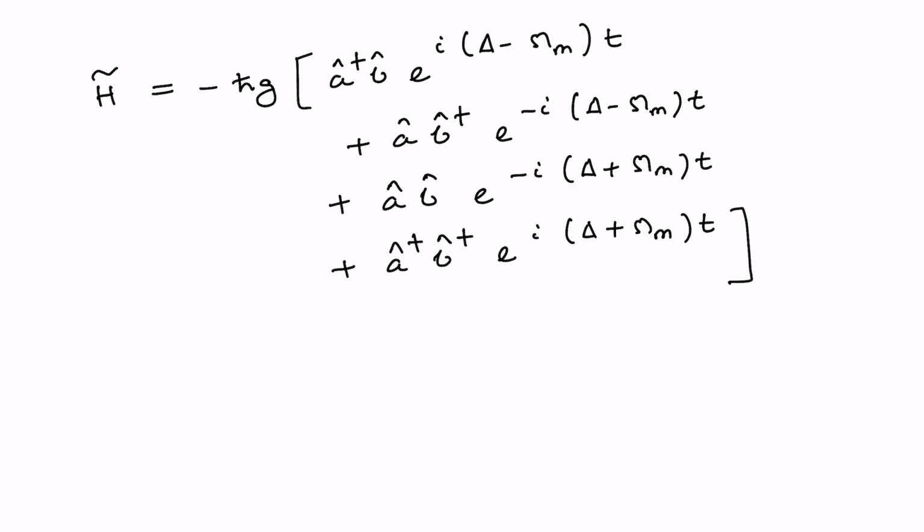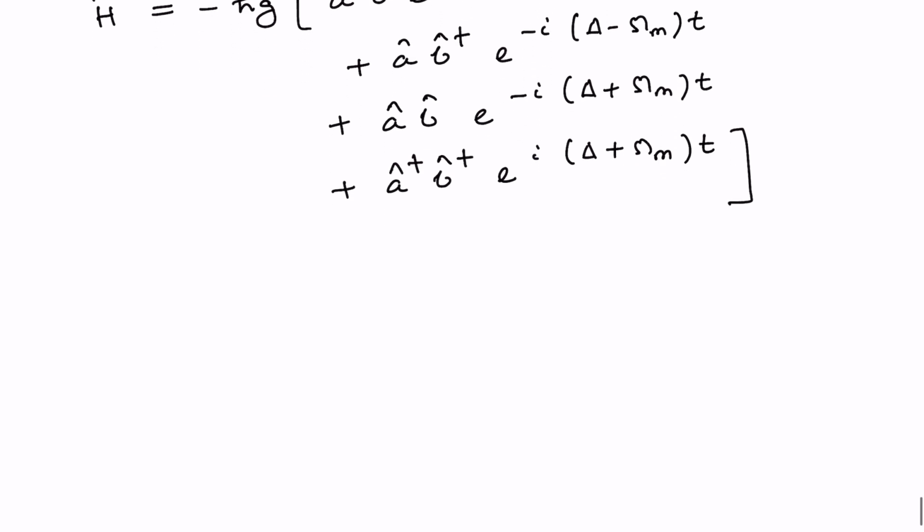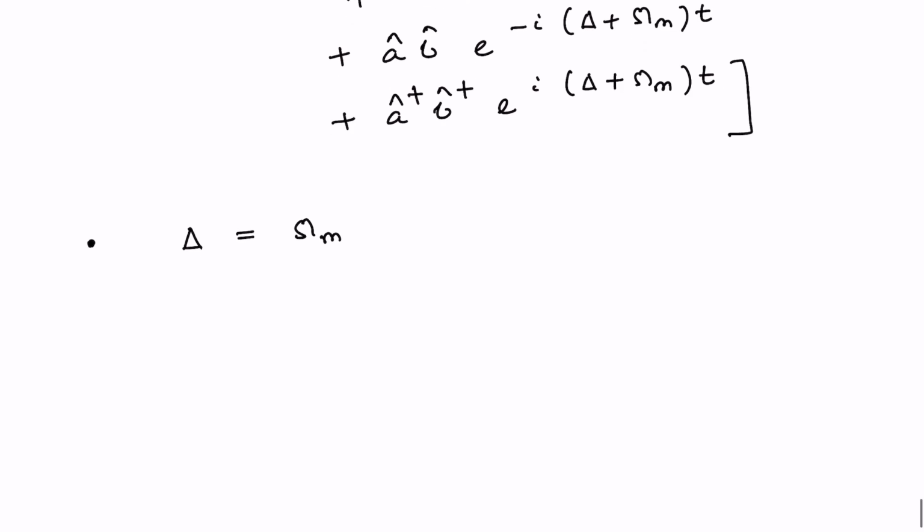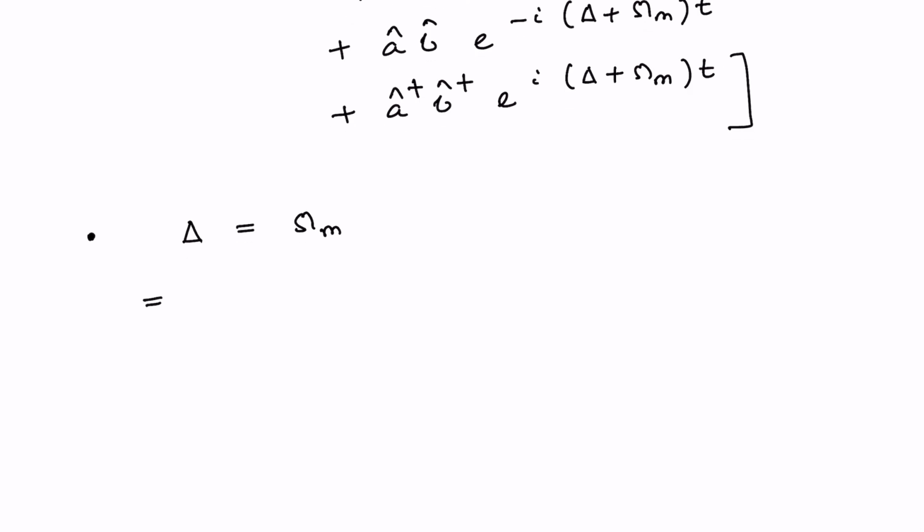So first let me discuss the phenomena. Two phenomena we are going to study. The first phenomenon that we are going to study is by setting the detuning parameter delta equal to omega m. This condition implies that the laser is red detuned, because delta, as per our new definition, is omega 0 minus omega L, which is equal to omega m.